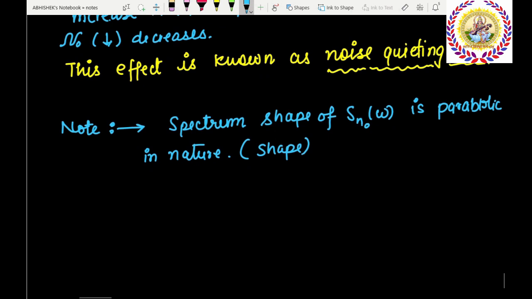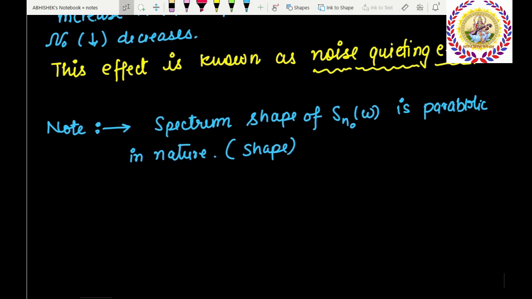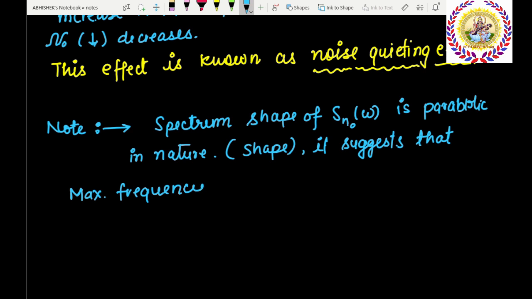It suggests that the maximum frequency content of m(t) faces maximum noise.